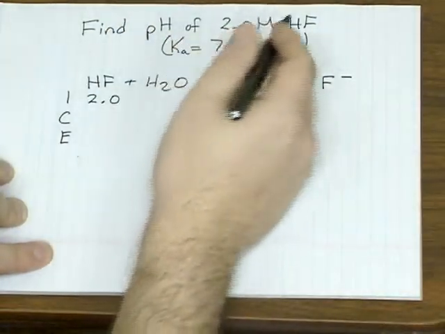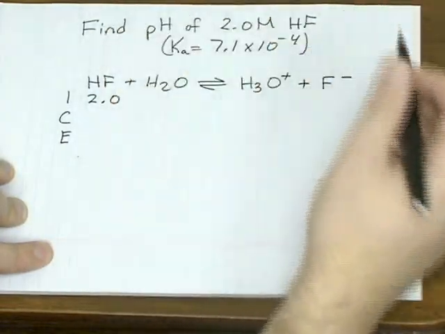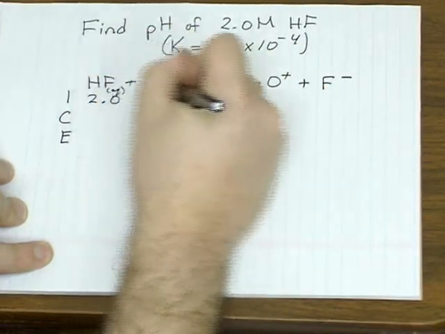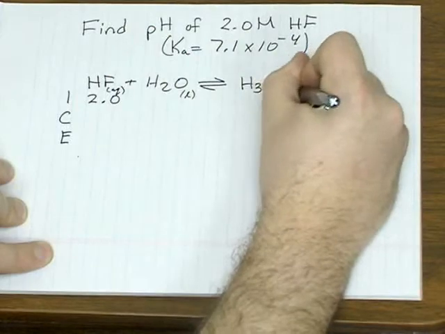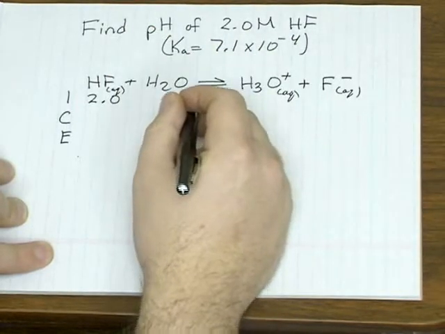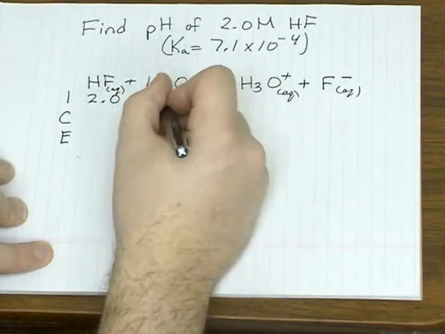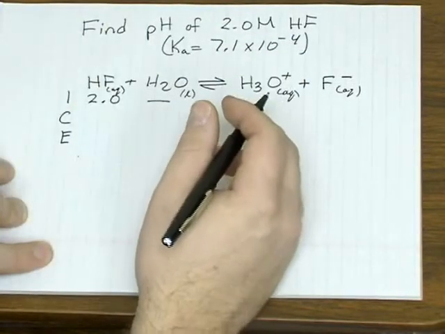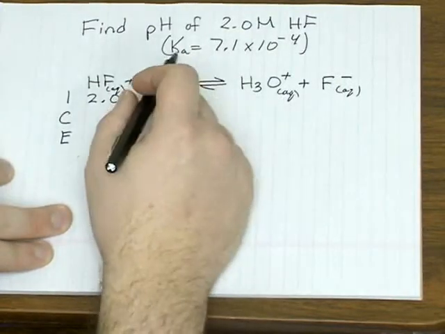For example, 2 moles of HF per 1 liter. Now, as far as the initial concentration of water, we don't care because water is a liquid. It's not going to be factored into the expression of Ka.